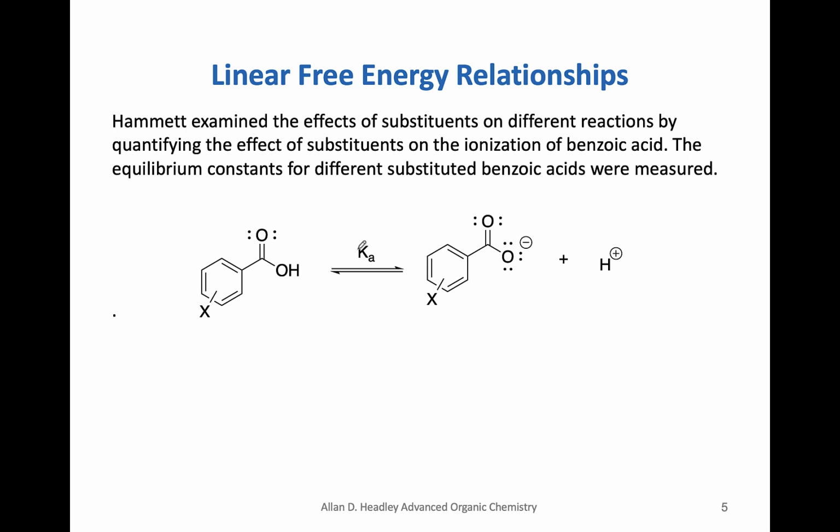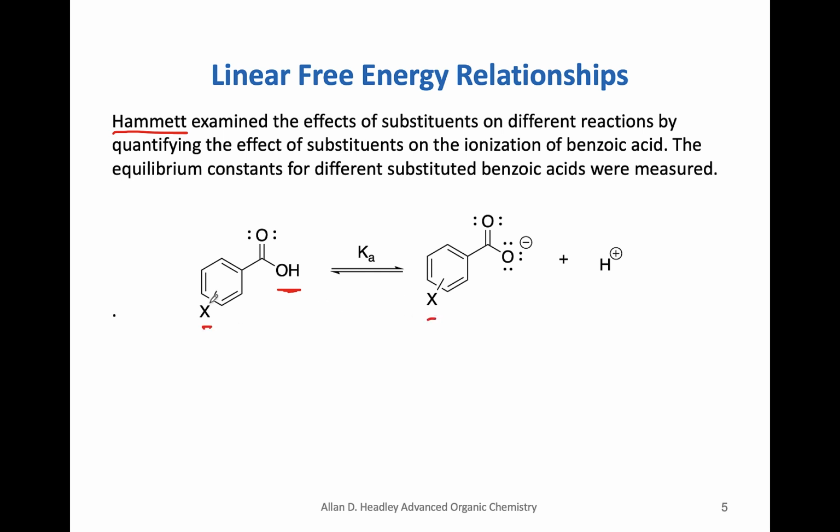So Hammett made that observation and he recognized that different substituents affect the rates of reactions differently. So what he did, he came up with a very simple reaction. Here, this is benzoic acid and substituted benzoic acid. And he measured the equilibrium constant of different substituted benzoic acids.